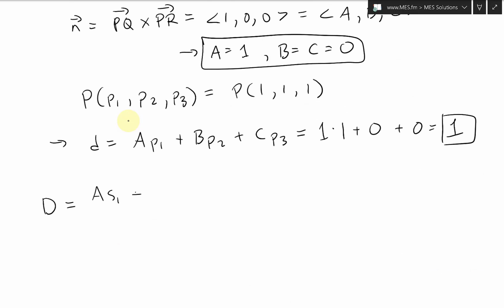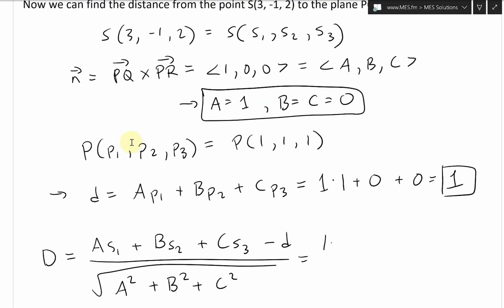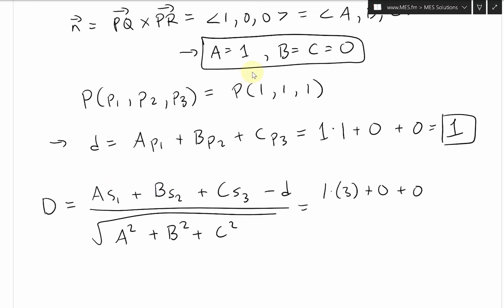A S1 plus B S2 plus C S3 minus d, divided by the square root of a squared plus b squared plus c squared. This equals, A is just 1 times S1 which is 3, plus B is 0, plus C is 0, minus d, and d is just 1.